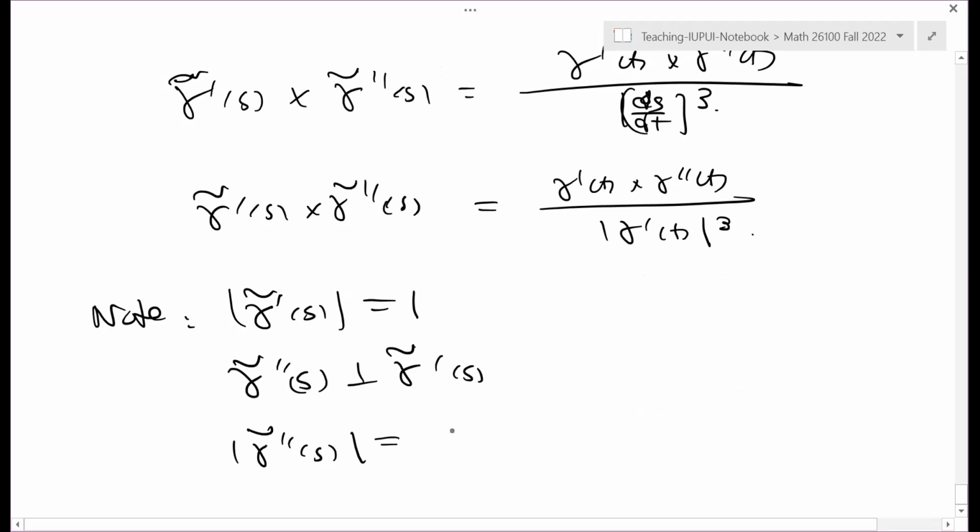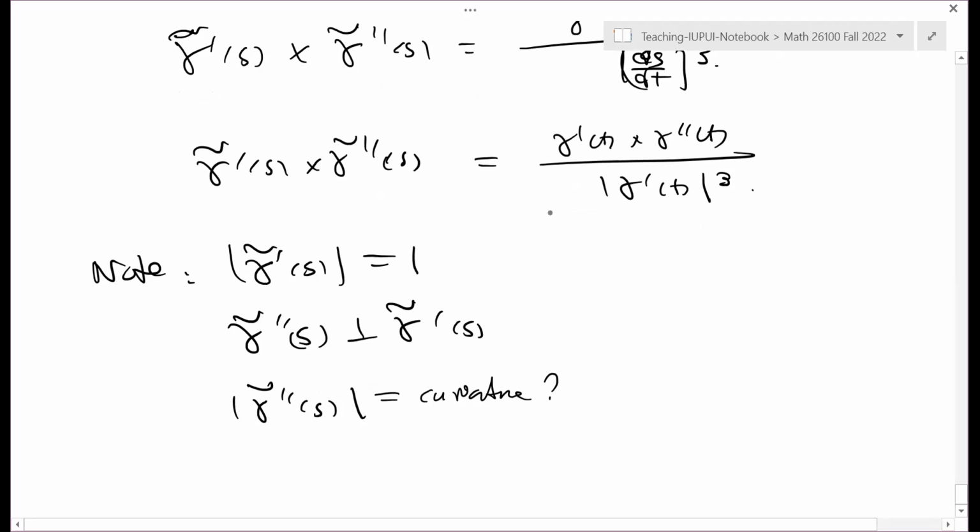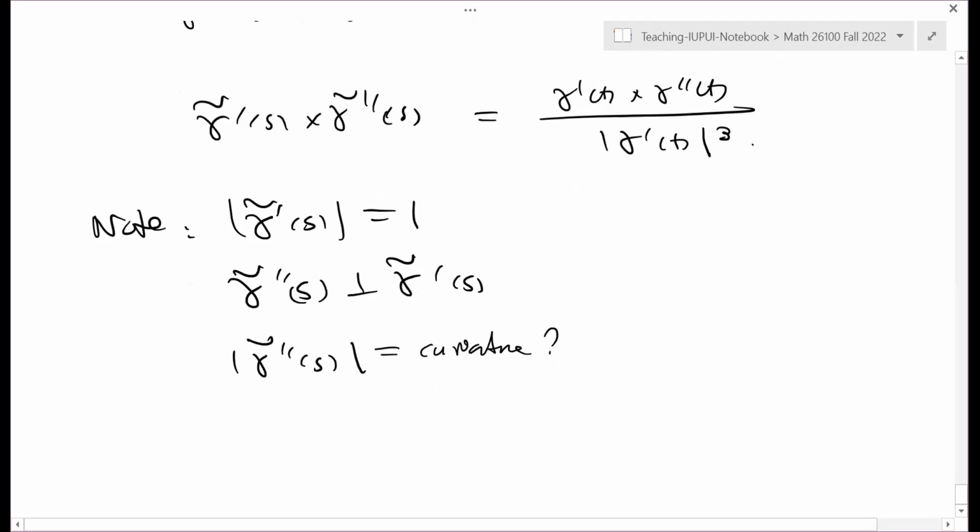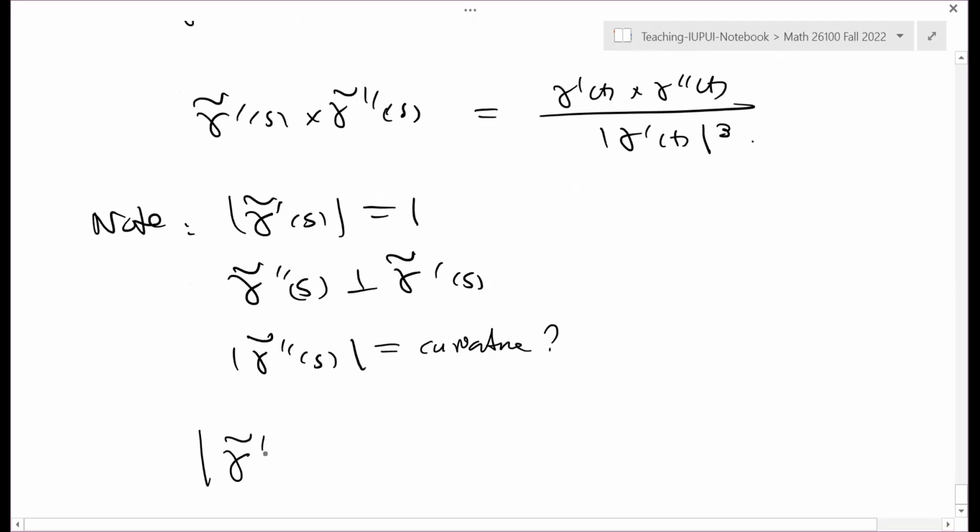Okay. So, yeah, curvature, what is that, right? I put the curvature here, okay? All right, so this is an identity. Interesting. Since it's perpendicular, if you take the norm, what do you get?